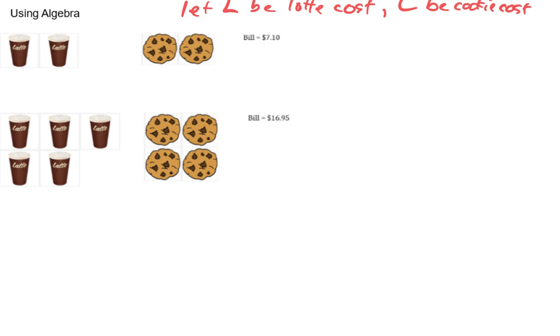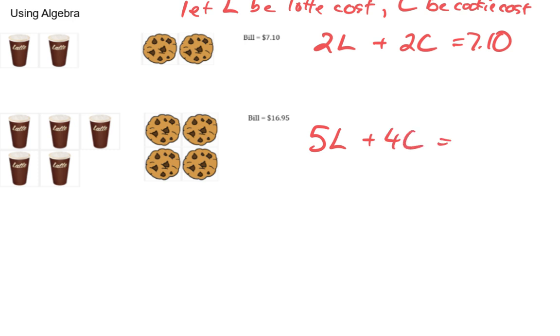So let's represent our first day in terms of L and C. We're going to have 2 lattes and 2 cookies giving us $7.10. And if we're representing day 2, this second order, we've got 5 lattes and 4 cookies is $16.95. Now to solve this, we didn't use 2 lattes and 2 cookies. We took that order and we doubled it.